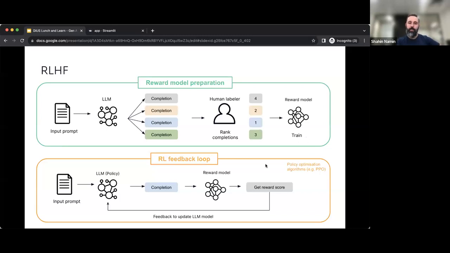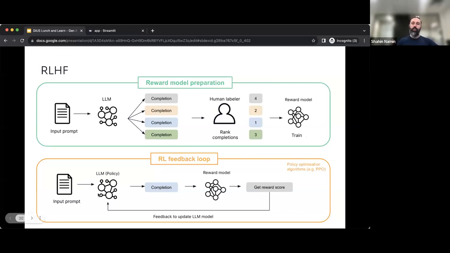So the next step is, assuming that you have your reward model, you go and do basically the reinforcement learning feedback loop. You have an input prompt, so basically a question that you ask your large language model. The large language model comes up with an answer. Then you try to evaluate that answer using your reward model. You get a score, which is basically your reward, and you use that score to provide feedback to the model, whether that answer was good or not.